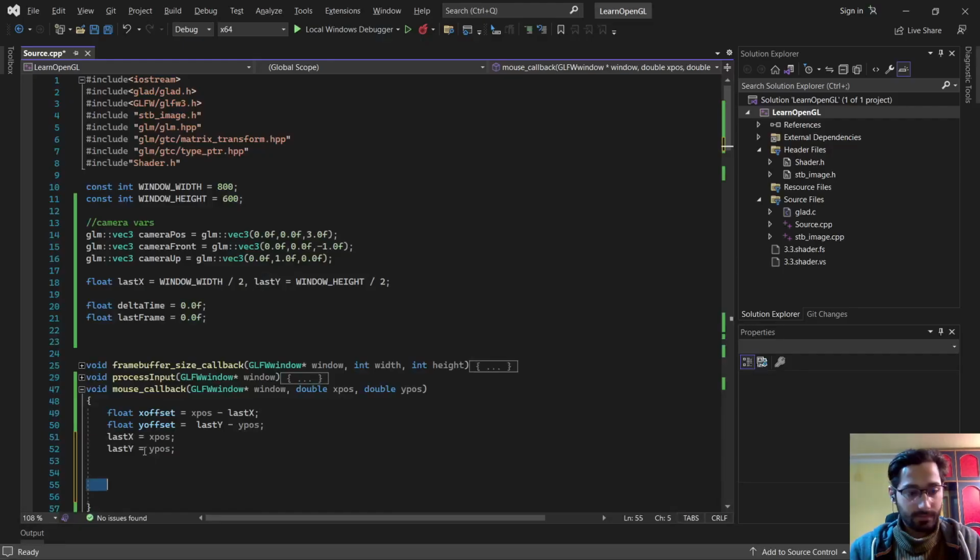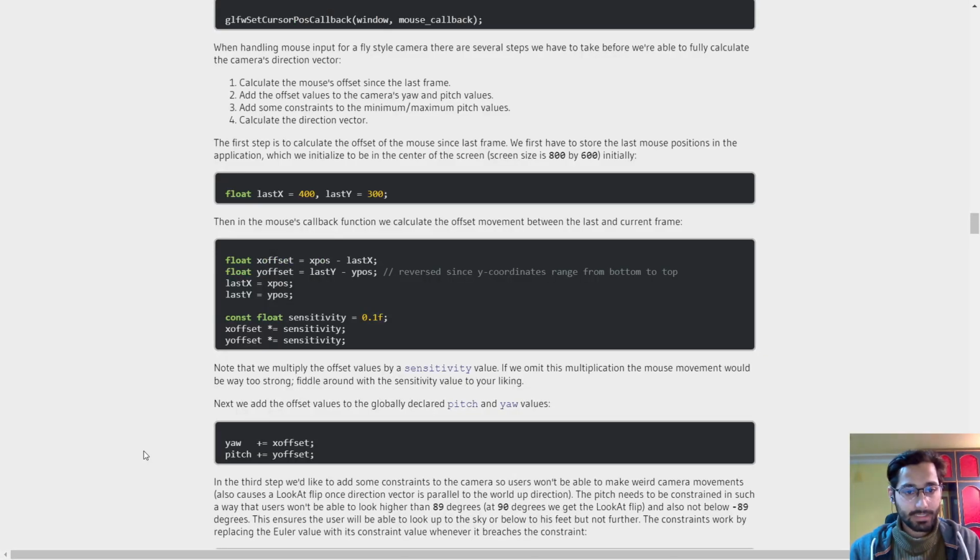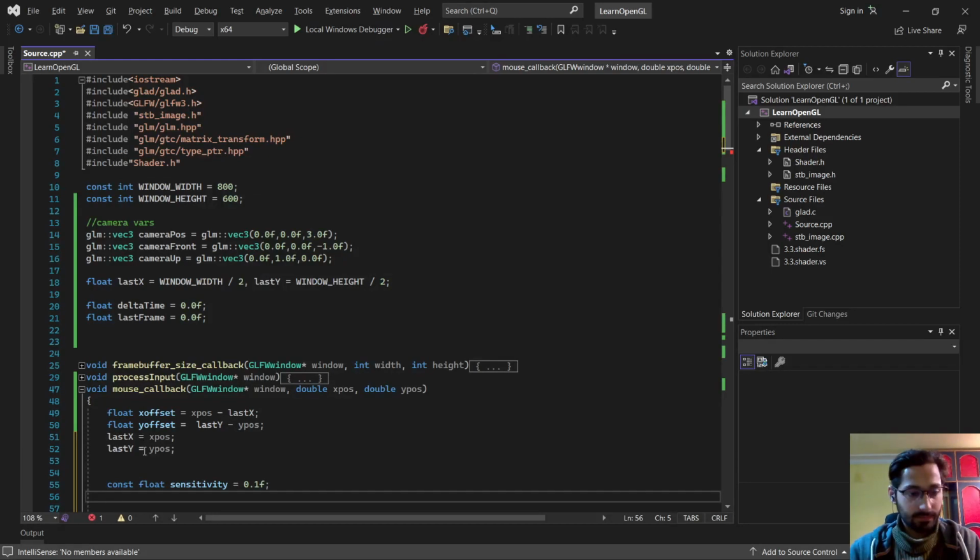Const float sensitivity. xoffset times sensitivity.